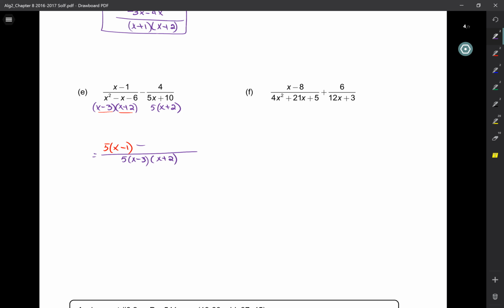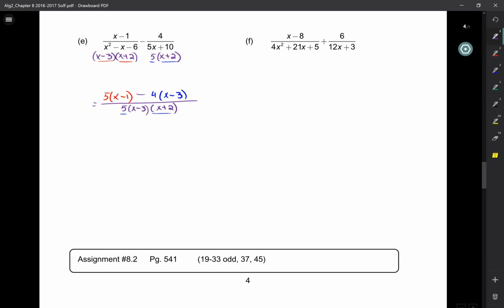Alright, so for the next one, what's going to go away and what'll stay? The x plus 2 will go away. So look, 5 and x plus 2 are the same as 5 and x plus 2. What's left over? x minus 3 times 4. What part of this did we actually need our calculator for? None.